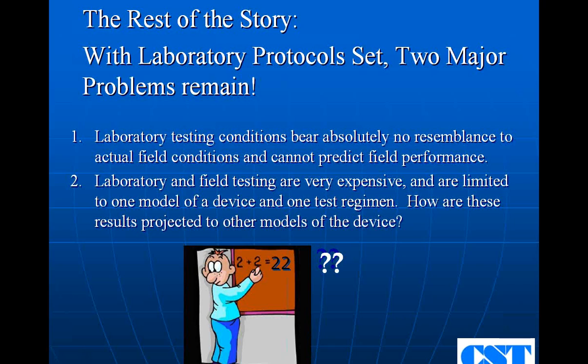Laboratory and field testing are very expensive. A typical lab test is $50,000 to $60,000 if it's done correctly, and they're limited to one model of a device and one test regimen. It's one model of a device, more or less, in the field, because field testing can run between $250,000 and $500,000. So once you get a lab test and a field test, how do you project those results to other models of the device?